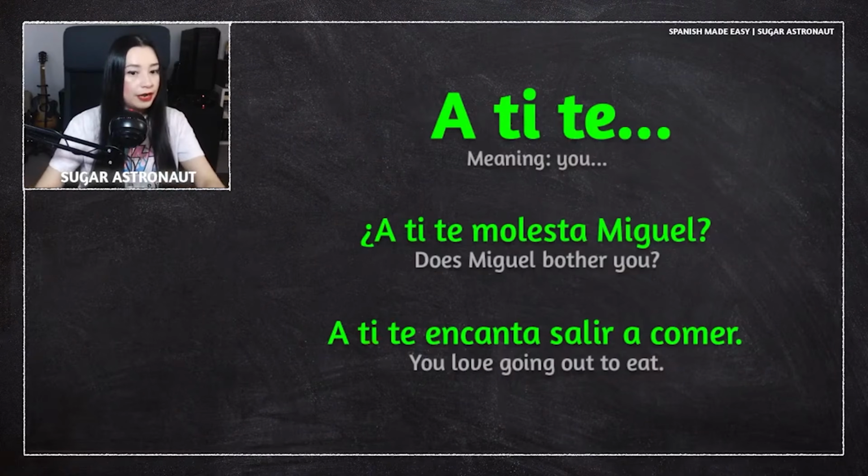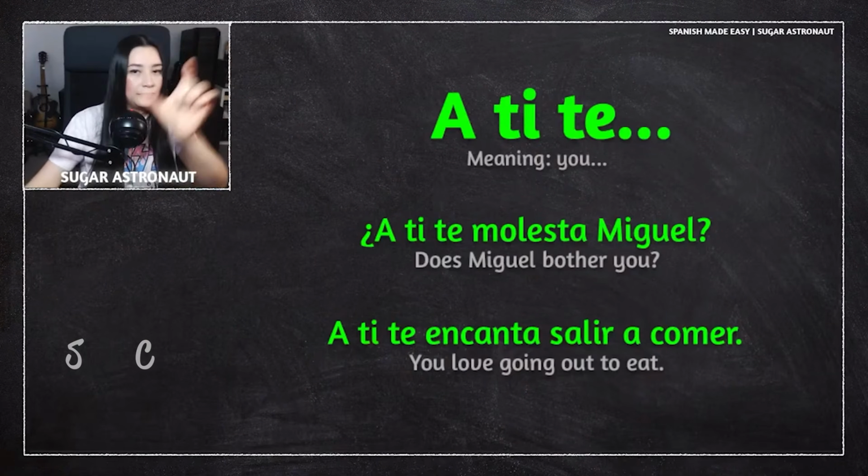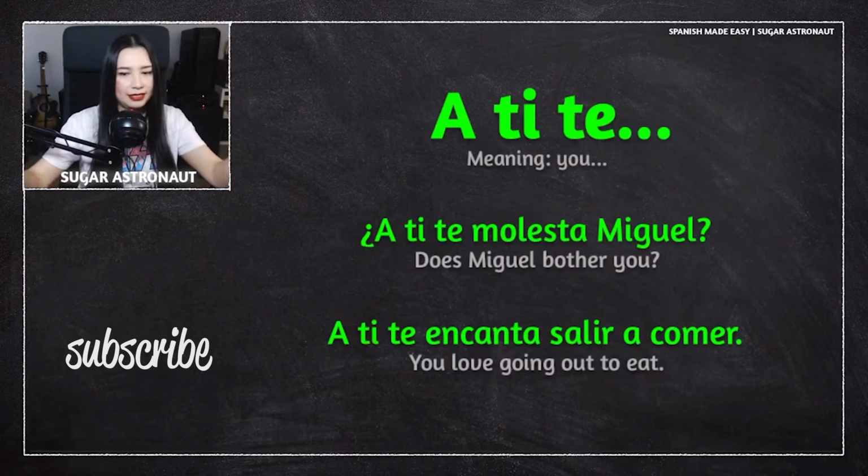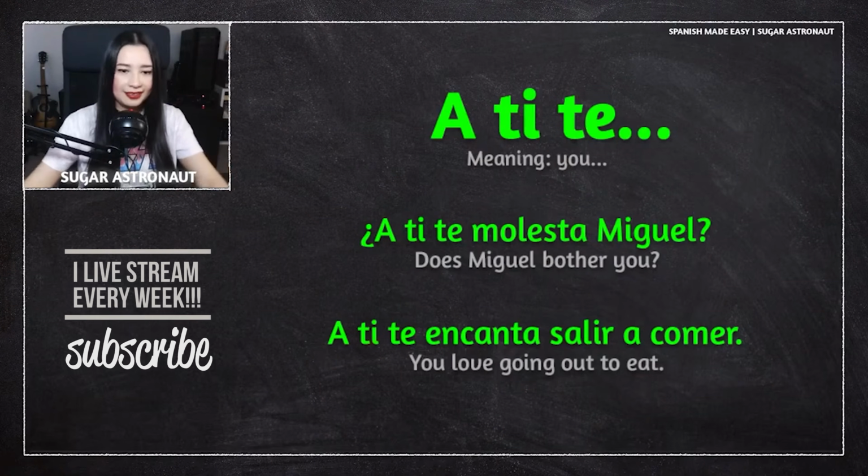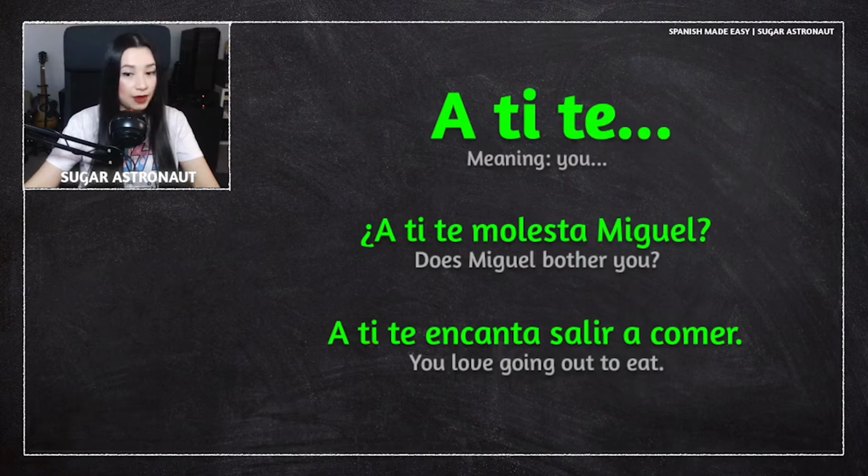You love going out to eat. Okay, they use the whole phrase, and that's perfectly normal. Common. Or they just say te encanta salir. So essentially, te is very important to have. You can't leave it out. This word here, te. So just remember that, guys. You need it here and you need it here if you want to say this and this.